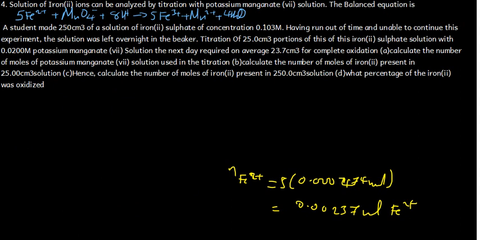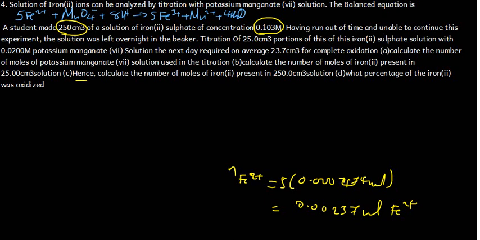Okay, now we've been given part C, hence calculate the number of moles of iron 2 plus present in 250 cubic centimeters of solution. Remember, a student first had a solution of this volume, with this concentration which is here. Now having run out of time, the student couldn't continue with the experiment, and so the solution was left overnight.